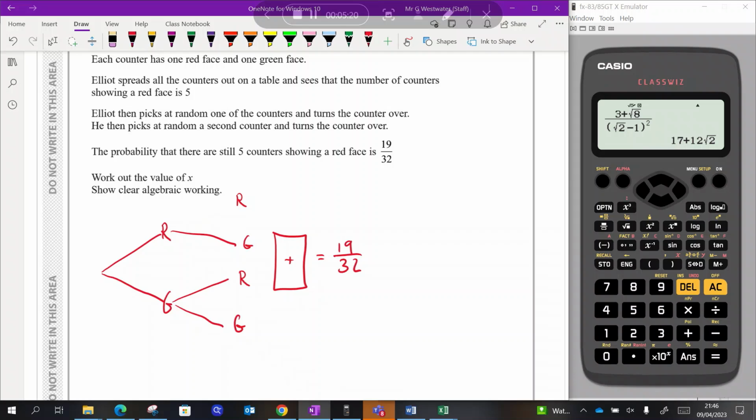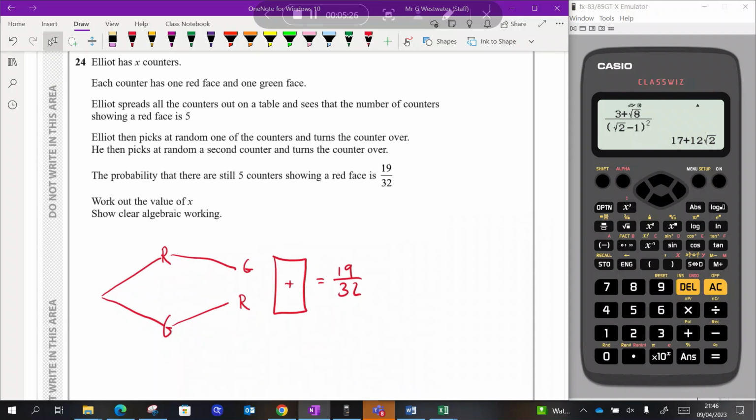So it's all well and good saying this, but what are these probabilities? Initially we're told we've got x counters, and that there are 5 with a red face. So 5 out of x is our initial probability of it being red, which means how many green will we have if there are 5 red and x in total?